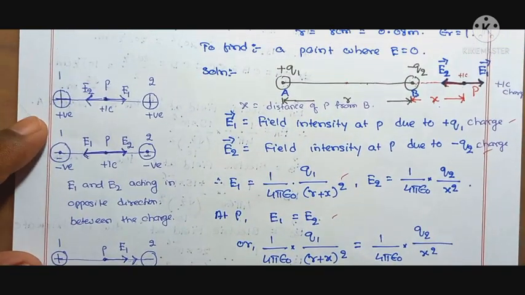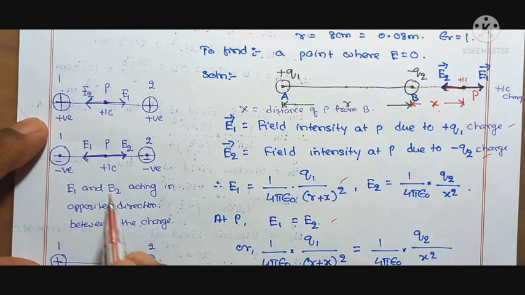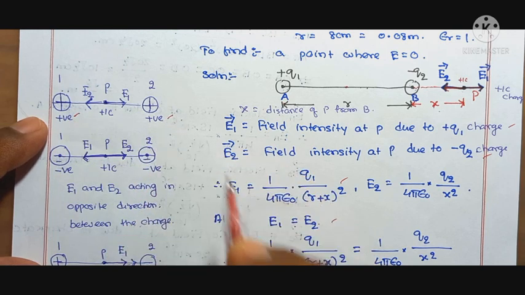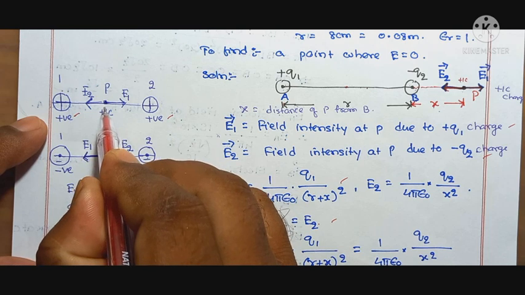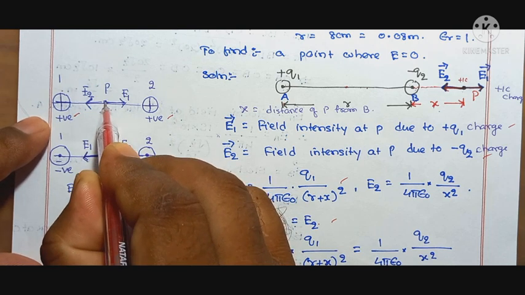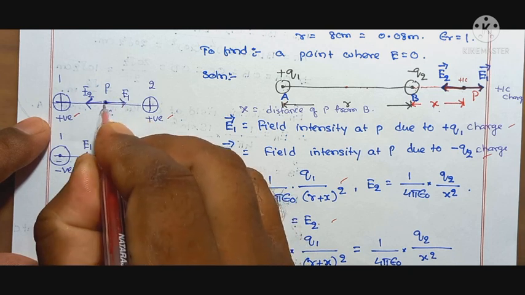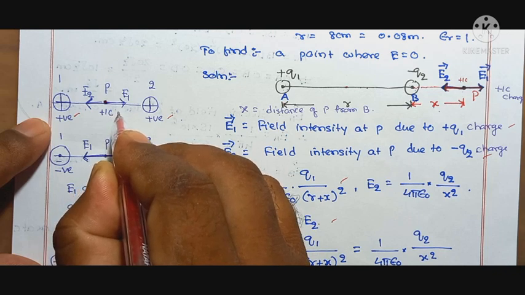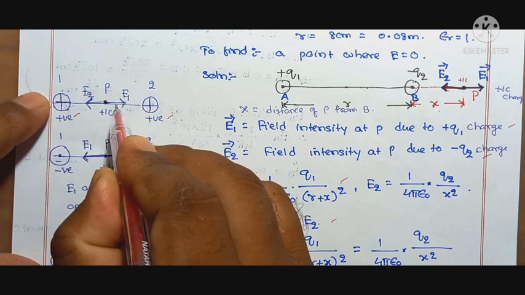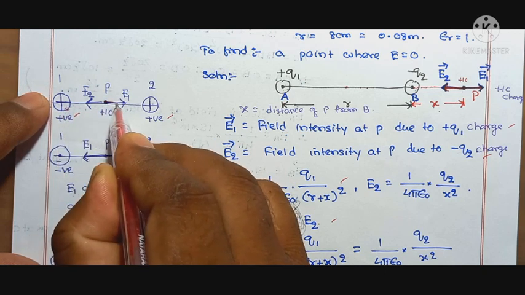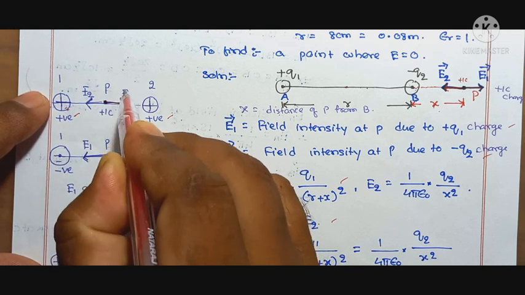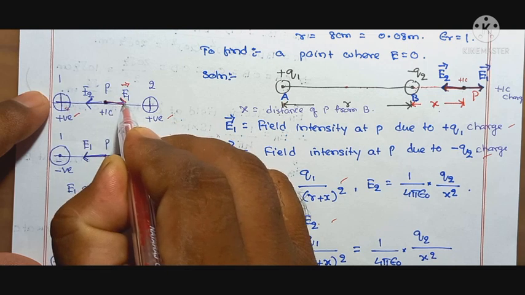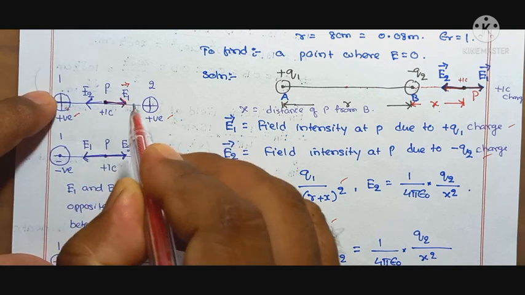See, when both charges are positive, first charge is also positive, second charge is also positive. When to find the direction of electric field intensity, suppose this is the observation point P, plus 1 coulomb charge is placed. Then due to this positive charge, this will move in this direction. So this electric field is from left to right due to these charges.